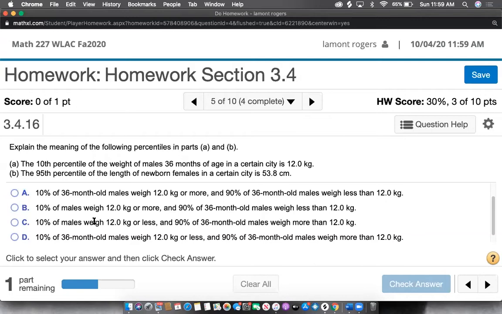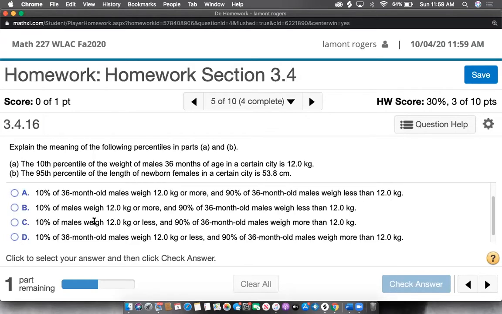That means that 10% of 36-month-old babies weigh less than or equal to 12 kilograms. A percentile tells you what percentage is heavier than that value.